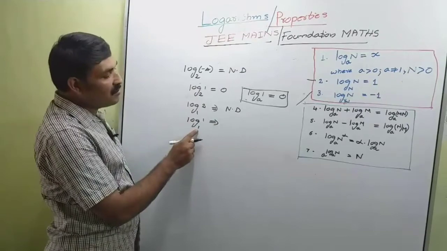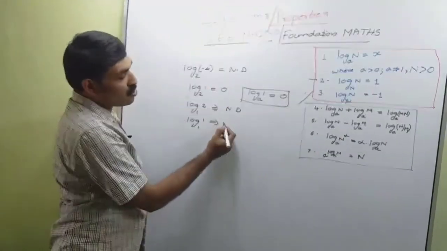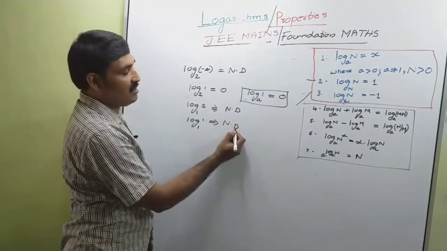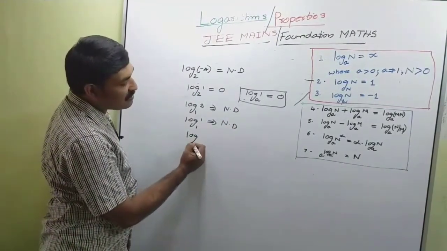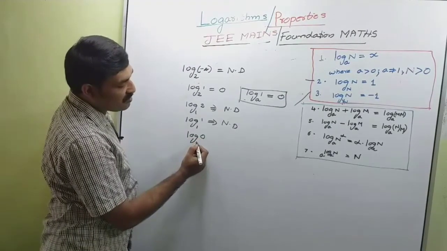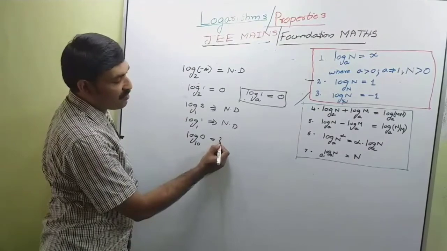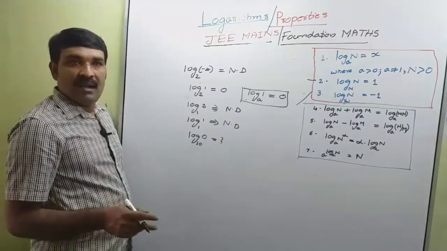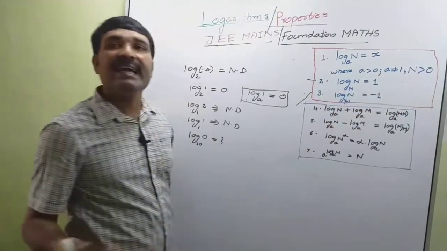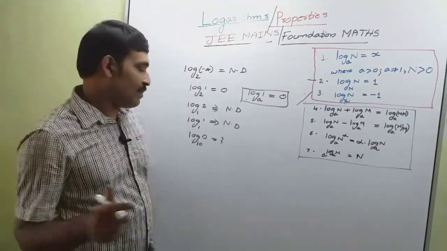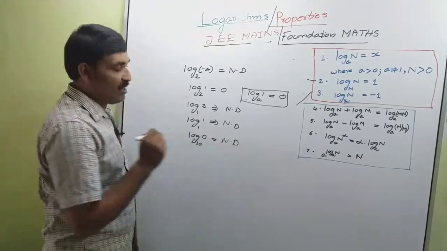Here base is 1, a should not equal 1, so this is also not defined. Now, look at log 0 to the base 10 is equal to what? As per the definition, n should always be greater than 0. So this is not defined.